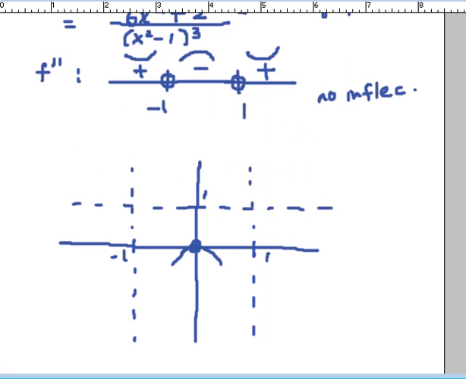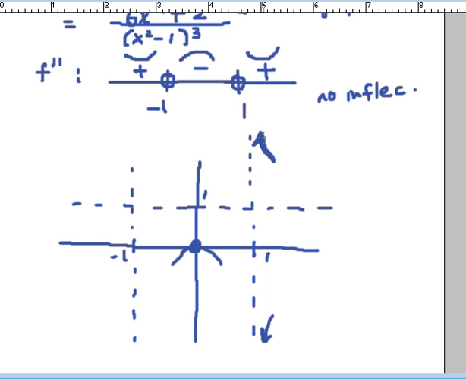There are a few ways we can look at it. To the right of this asymptote, either the function is increasing or decreasing. Since it's concave up to the right, it must be going up to infinity.